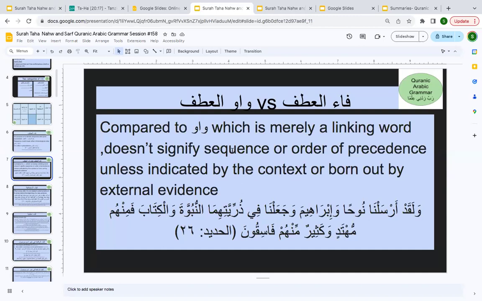So keep that in mind. You are not going to just get the sequence, because either you know it based on history, based on your knowledge, that Nuh alayhi salam was sent before Ibrahim alayhi salam, but otherwise waw does not indicate that both were sent together. Okay.